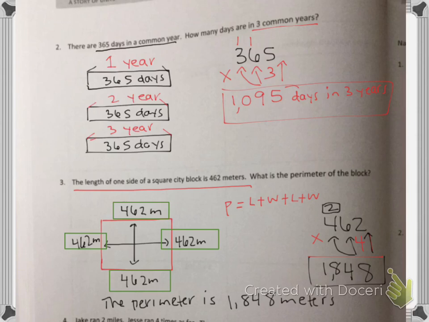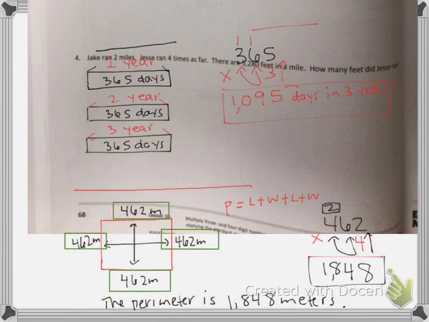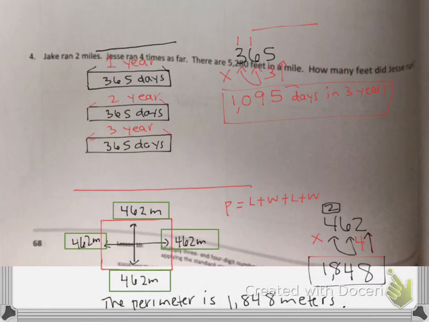All right, not bad. Okay, so pause the video if you need to catch up, and if not, we're going to look at our last problem here, number 4. So let's scroll up, and let's erase.